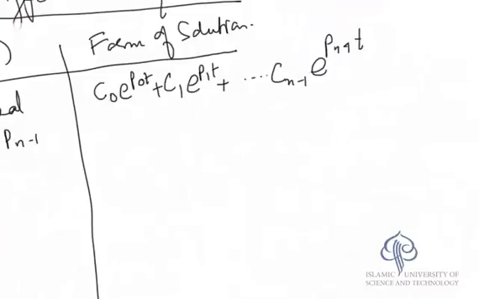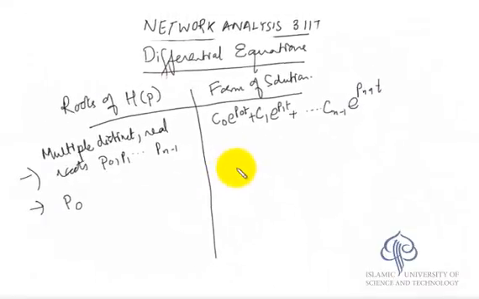If you have a single root p0, the solution is just going to be e to the power p0t. This is a single root.